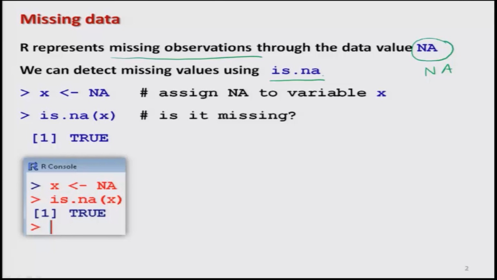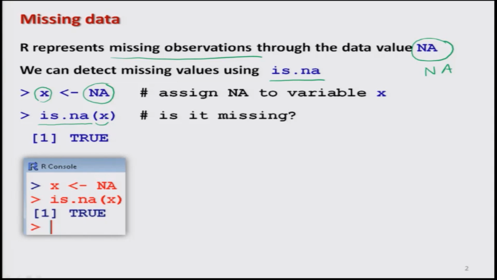So just for the sake of illustration, we take one variable, say x, and we intentionally assign it a value NA. NA is a special value that is given only to denote that the value is missing and not available. Now I operate this command is.na, and inside the bracket I write the variable name x.